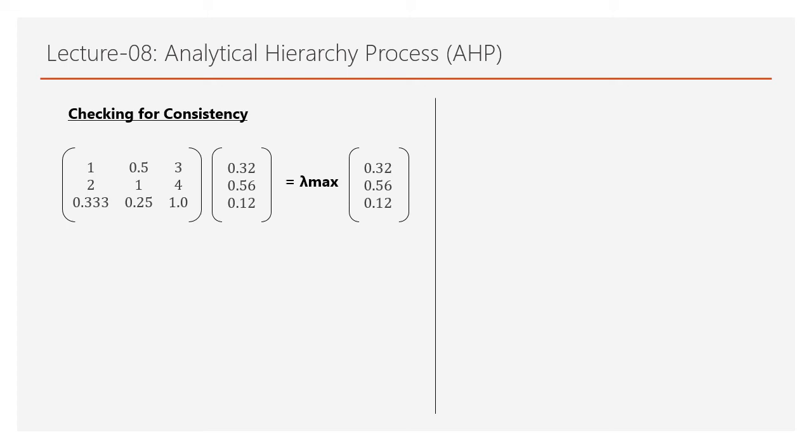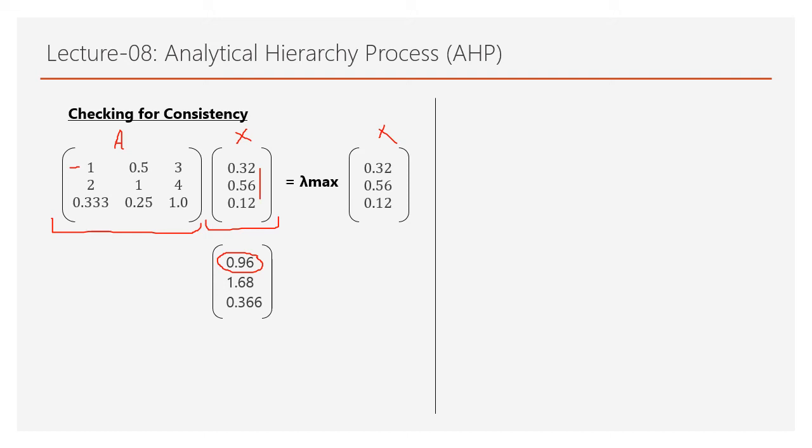To calculate lambda max, we need to resolve this multiplication of matrices. Again, this is the initial matrix A times X, and this is lambda max times X. Basically, we multiply those two matrices, and you can review how to multiply matrices: the first row times the first column gives the first cell.